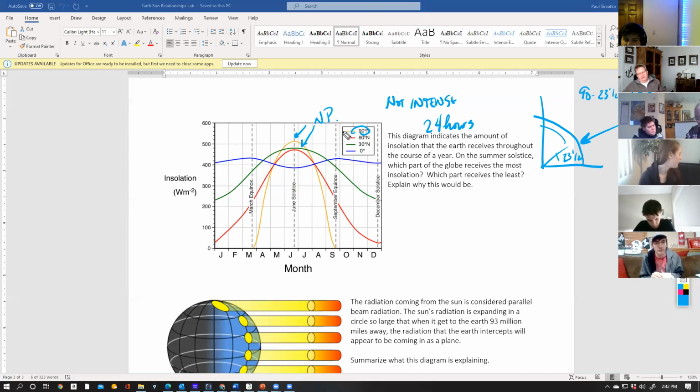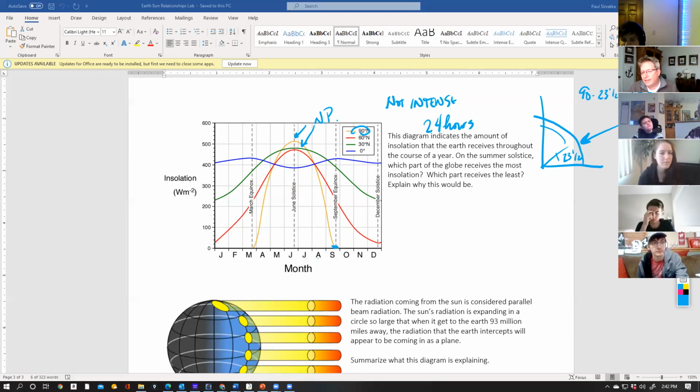Actually, it's probably closer to the Arctic Circle, but whatever. But once I get to here, how much incoming radiation is there? And the answer is nothing. So when I look at the North Pole, it gets a lot for part of the year, but for half the year, there's nothing.